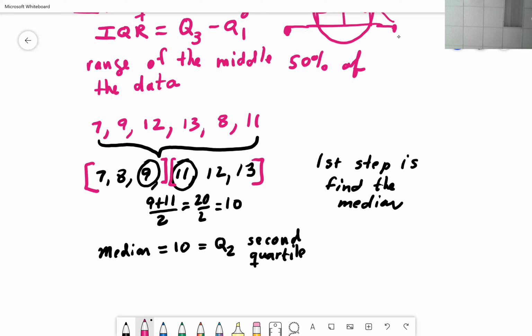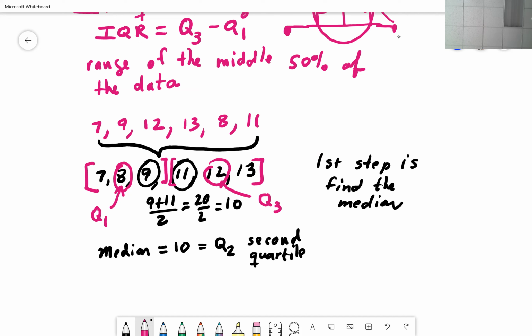Can you find the median of each? What's the median for the first one? 8, because if it's odd, you just pick the middle one. So this is your first quartile. And what's the median for the upper half? 12. This is your third quartile.